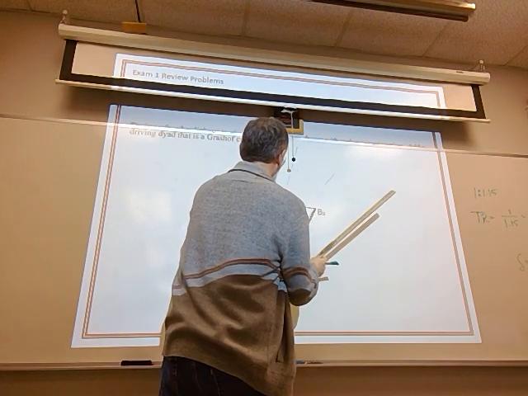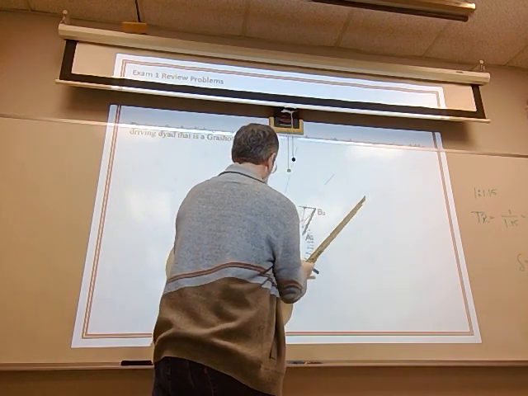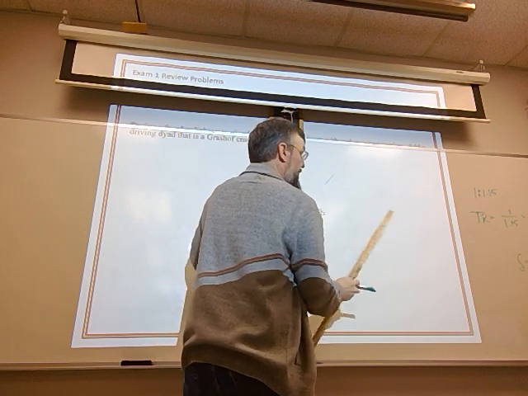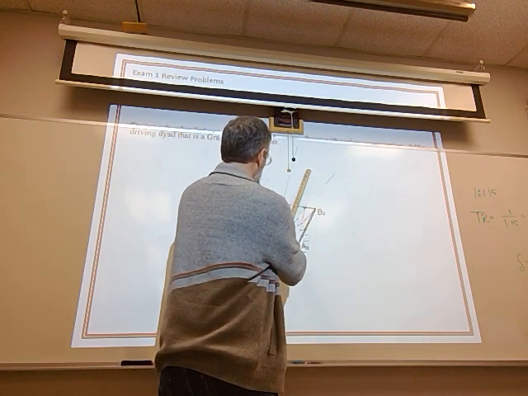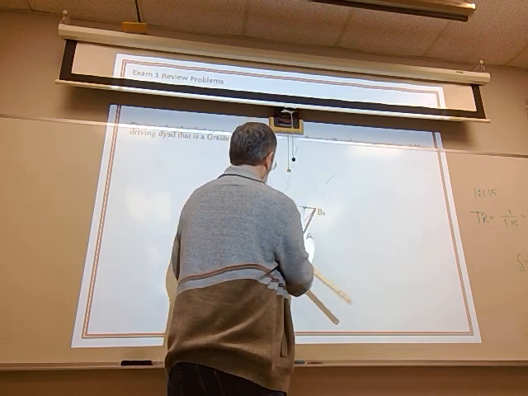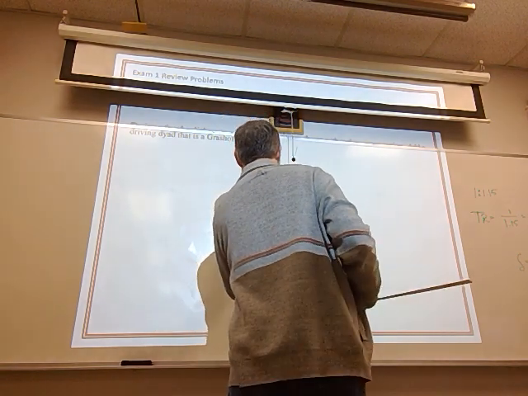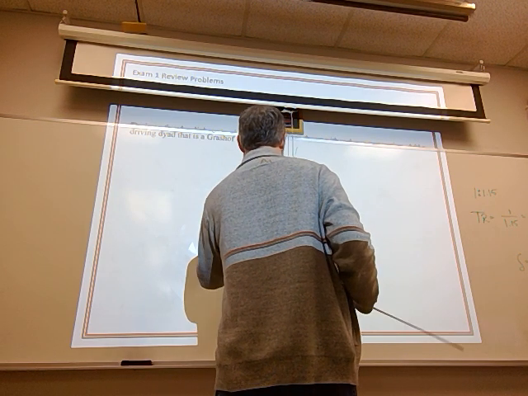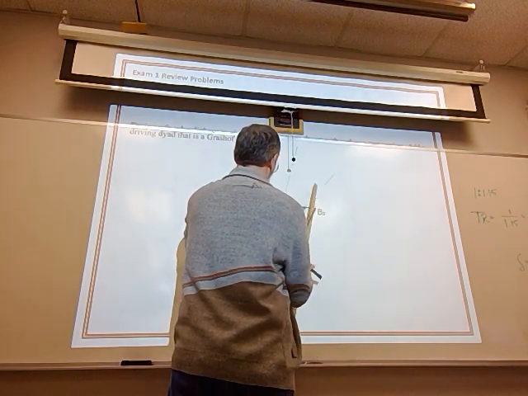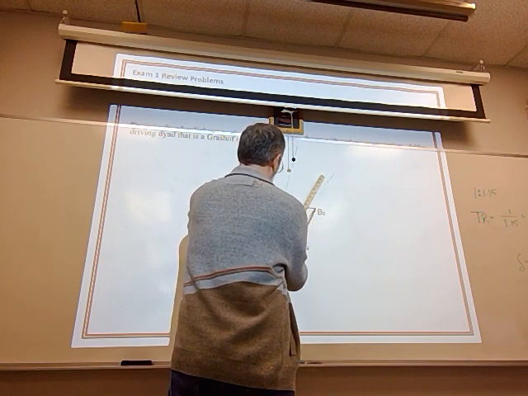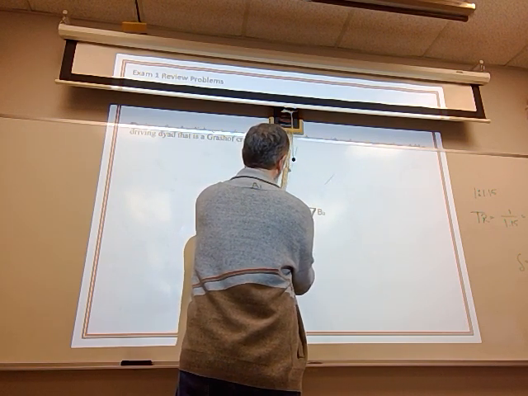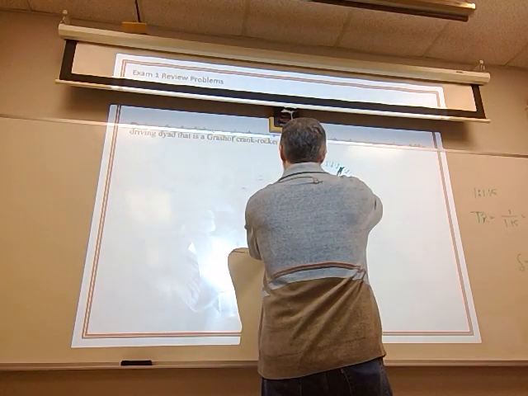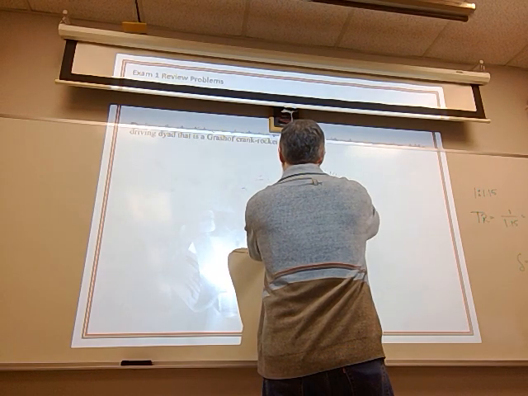Let's see. It needs to be at the center, isn't it? Yeah, so I want like 12 degrees. I think it is. I'm doing this the wrong way. It needs to be that way, right there. So I need to, yeah. How am I doing that?